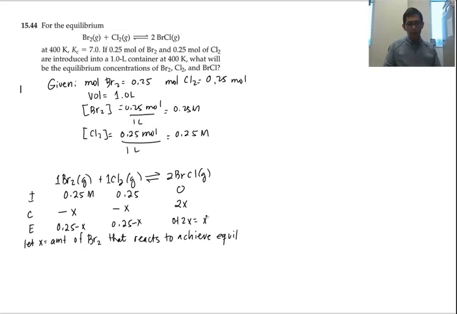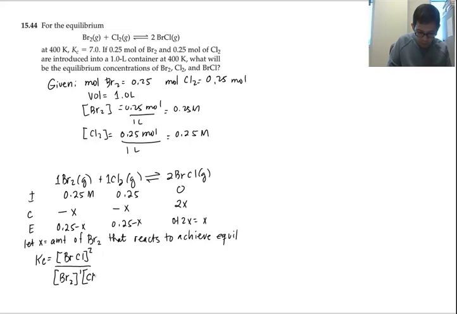Okay, so then we say that Kc is products over reactants: the concentration of BrCl raised to its coefficient, over the concentration of Br2 raised to its coefficient, times the concentration of Cl2 raised to its coefficient. And these are all at equilibrium.